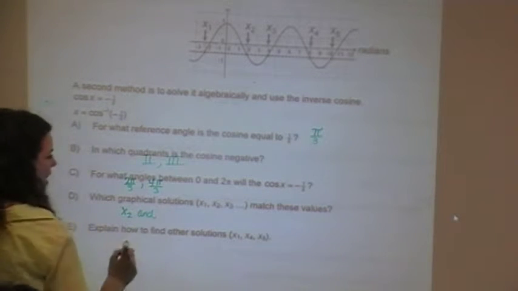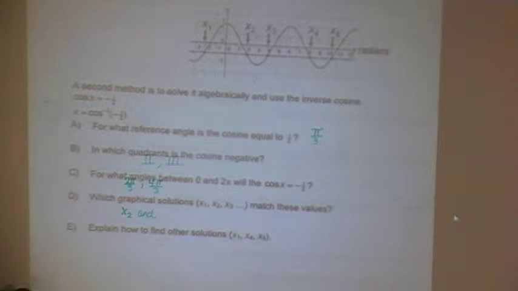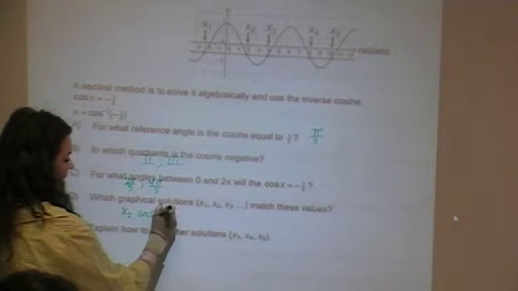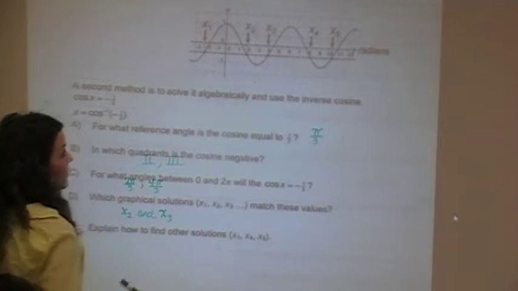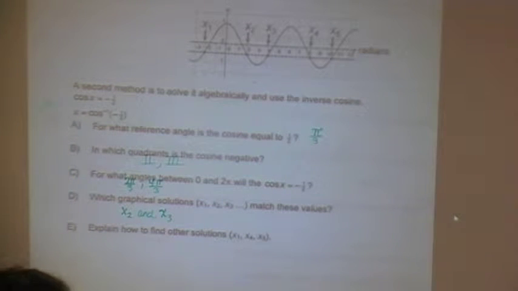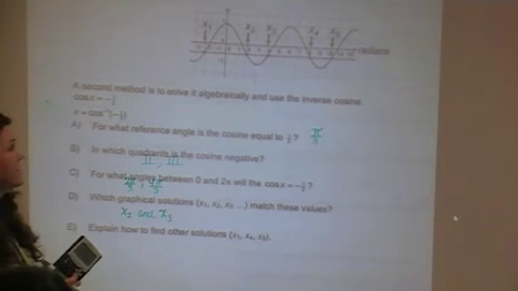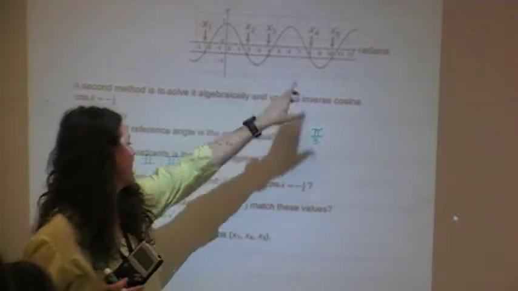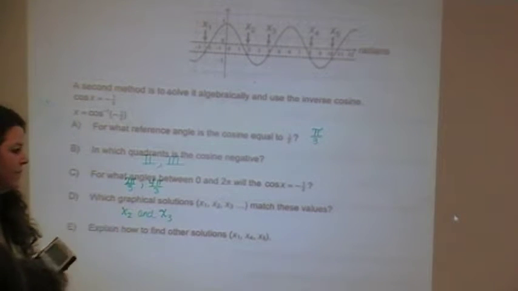What about 4 pi over 3? Which one is it? X3. Is it 3? It's x3. Which is good, because I have it going under the water answer and it coming back out of the water answer. So x2 and x3 are what these two represent.